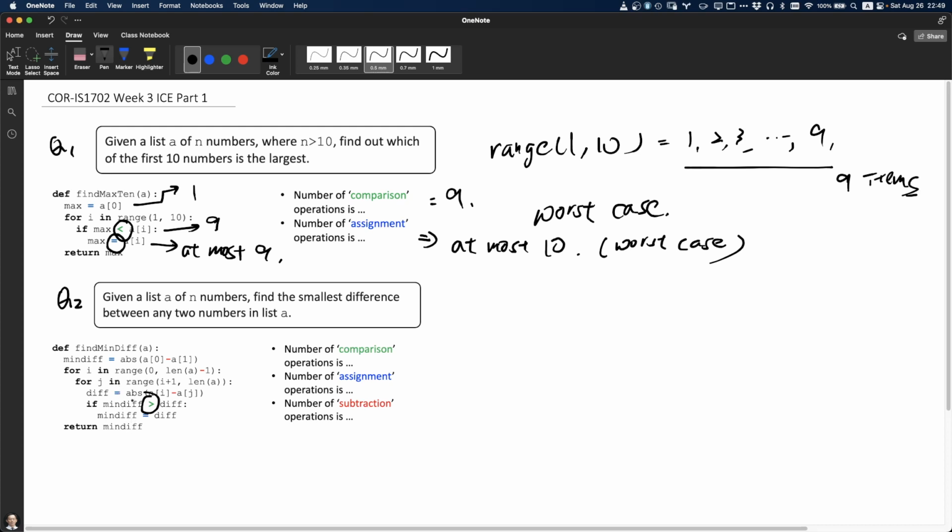At first glance, it's not very easy to analyze because for the outer loop, yes, you have a definite range, from 0 all the way up until the upper bound, which is n minus 1, which means that the largest value should be n minus 2.